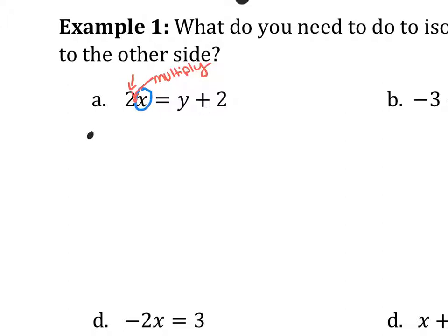So right now we are multiplying by 2. But in order to get the x by itself, we have to undo that multiplication by doing the opposite. What is the opposite of multiplication? Division, yeah.